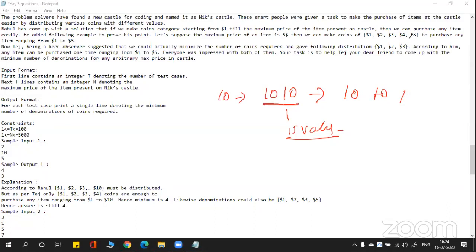In order to find these bits, we can use any logic. So how can I find the number of bits required? Anyone? Any answers? How can I find the number of bits required to represent a particular number?